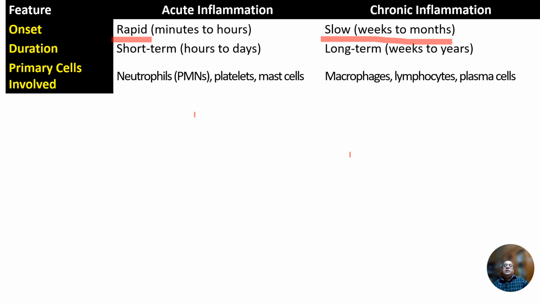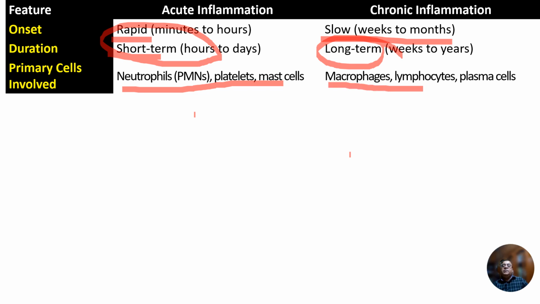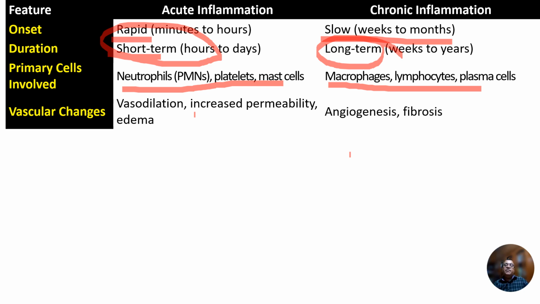The duration of the acute one is short-lived, while the chronic one is long-term, taking years or weeks to be terminated. Then we have seen the primary cells of acute inflammation are neutrophils, platelets, and mast cells, while the cells of chronic inflammation are macrophages, lymphocytes, and plasma cells.